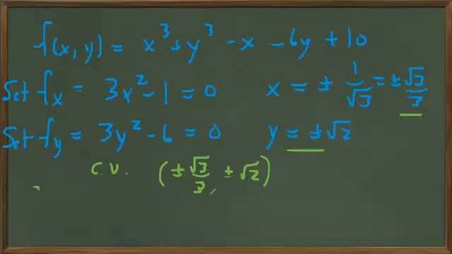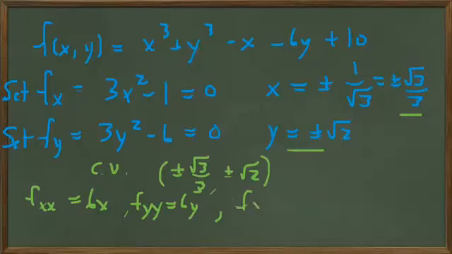So we calculate f sub xx, and that is 6x. We calculate f sub yy, and that is 6y. And we calculate the mixed partial f sub xy, and that is 0.